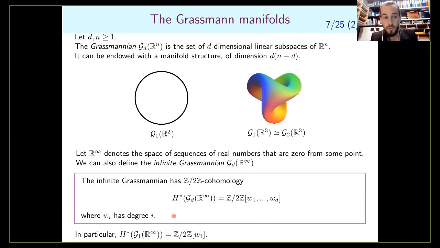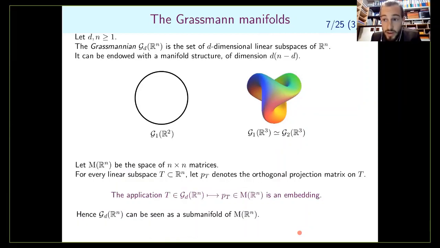So it means that Wi is an element of the cohomology algebra, Wi belongs to the ith cohomology group. In a particular example we'll use, when d is 1, the set of lines of R infinity, it is simply the polynomial algebra with 1 indeterminate.